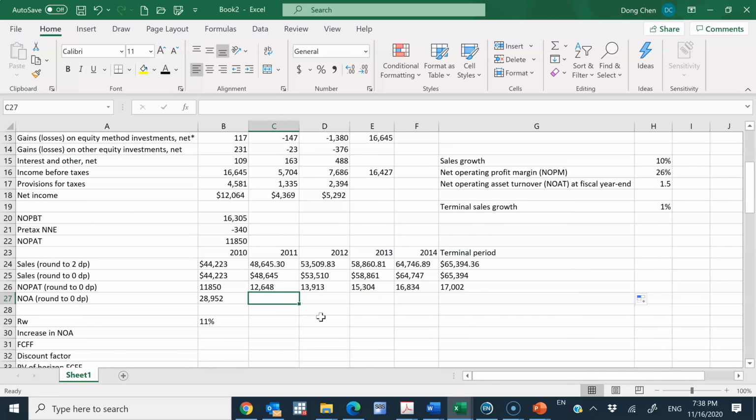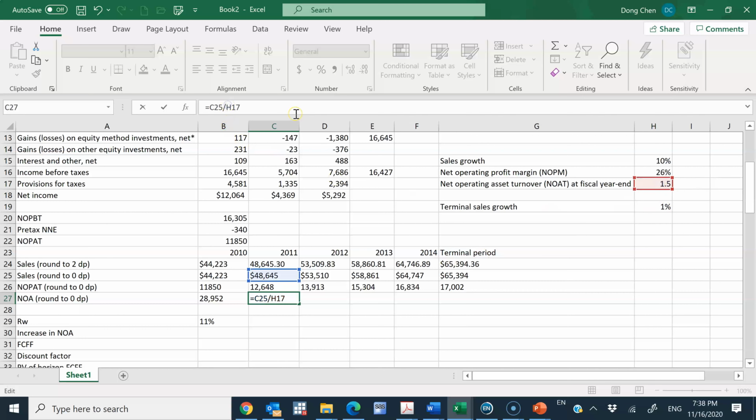can be similarly calculated based on the NOAT, net operating asset turnover. This is defined to be sales divided by NOA. And once we know sales and NOAT, we can figure out the NOA by dividing the sales by the NOAT. So this year's NOA is simply the sales divided by the NOAT.